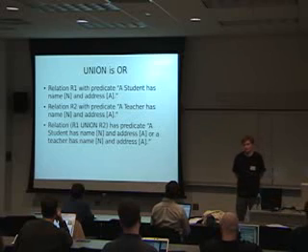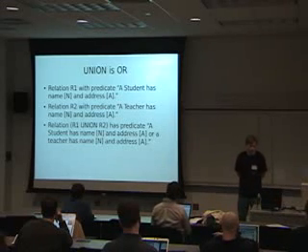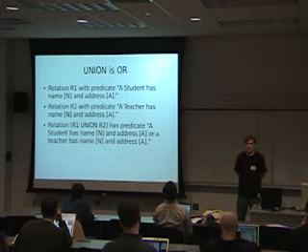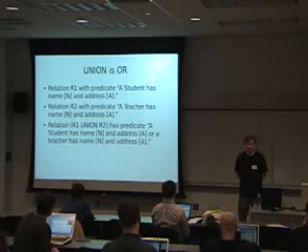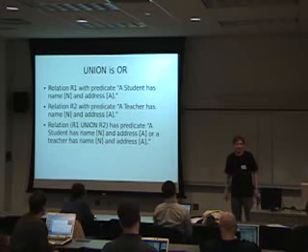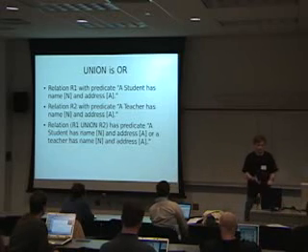Union is OR. So if a student has a name and address, and a teacher has a name and address, the union of those two tables is going to be: either a student or a teacher has this name and this address. The union operator means that directly.